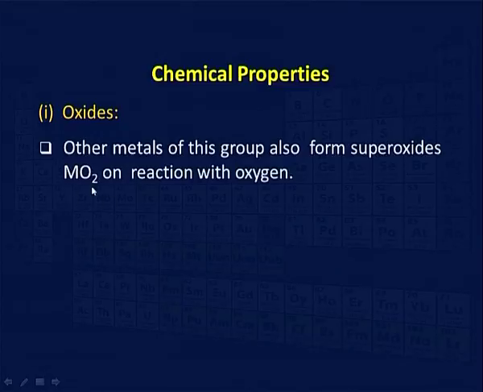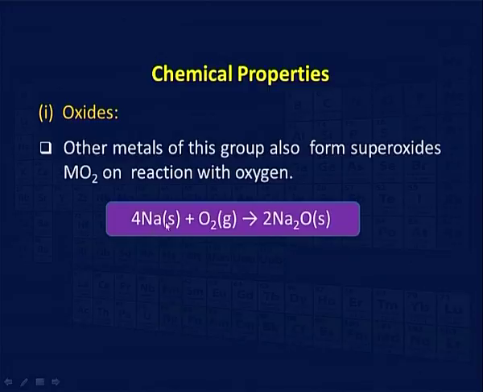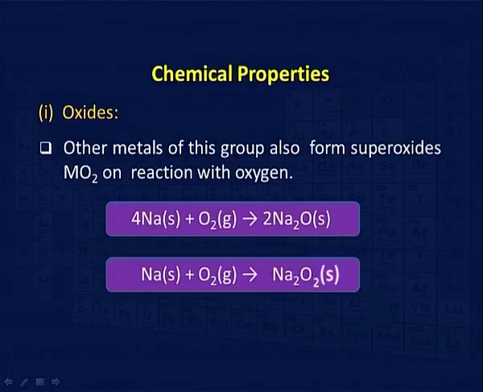This can be formed by potassium, rubidium and cesium, all 3, but not lithium and sodium. Na can form normal oxide and peroxide, but it cannot form superoxide. This is because of the size of the element.